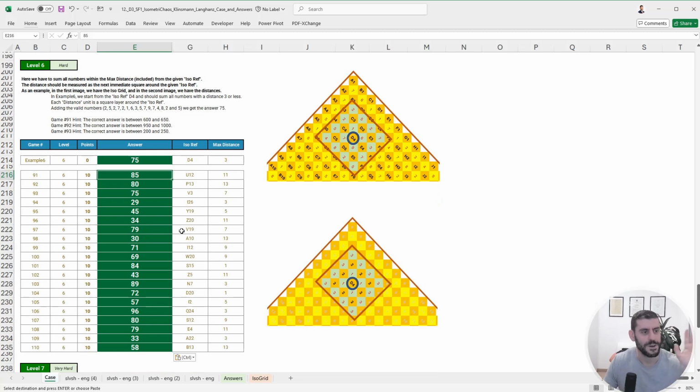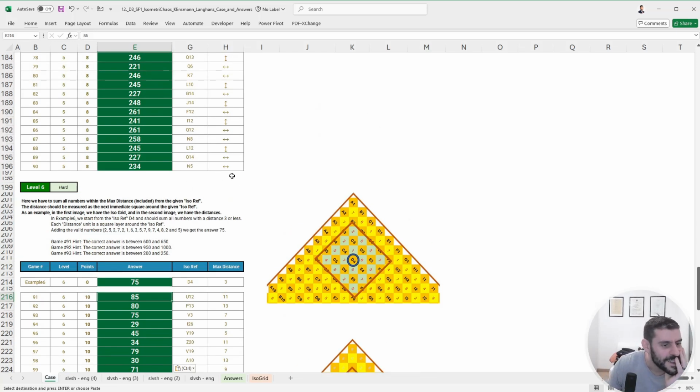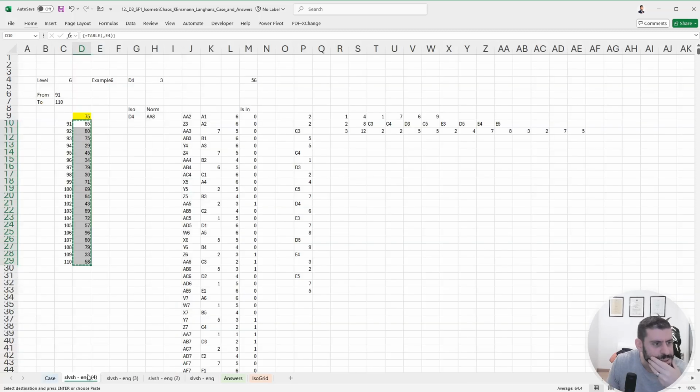Okay, cancel out this last thing I said. The max distance included. Distance should be measured as in the sample, without diagonals and what distances. $600.